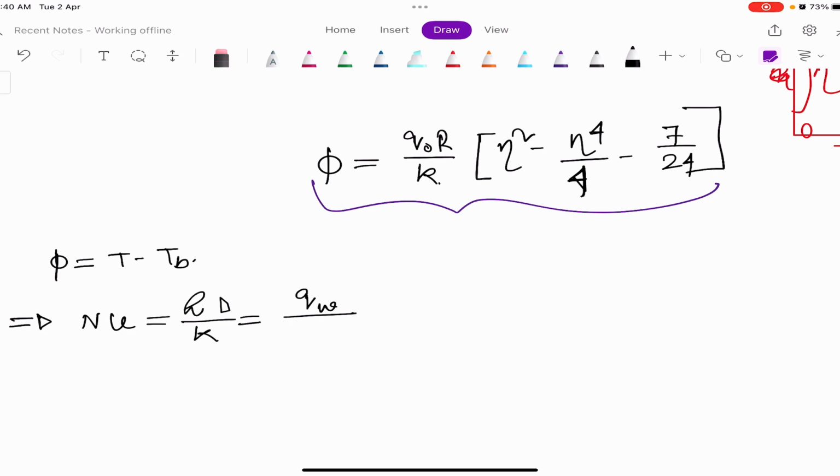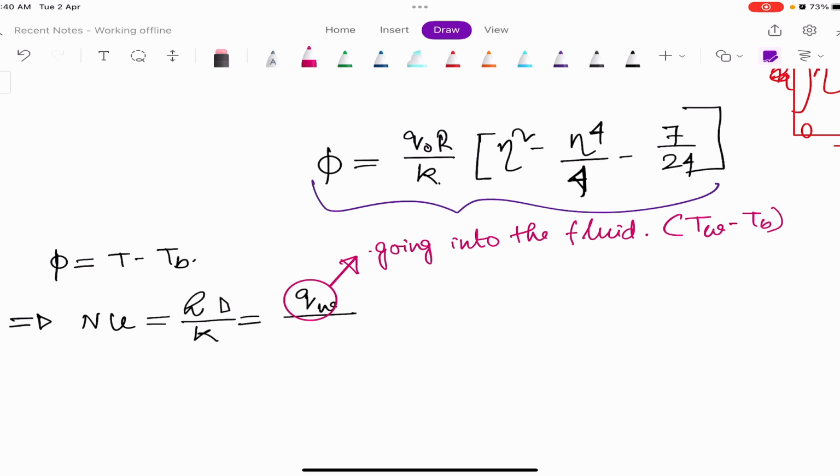Whenever I am writing q wall, my convention is that heat is going into the fluid. Now, when can heat penetrate into the fluid? That means it has to be T wall minus Tb into H, right? That should be the q wall.